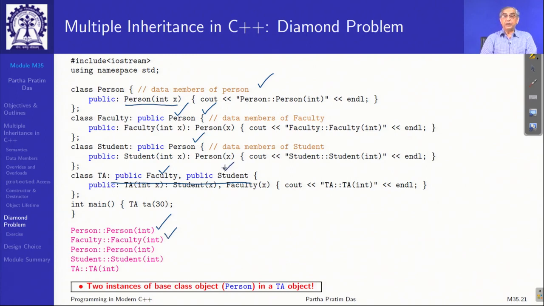Then the student has to get constructed, but the student also has a base class person. So, person is again constructed, student is constructed, T A is constructed. So, you get into a difficult situation that the same T A object has 2 instances of the person object, which certainly is not going to be manageable. Right? This is a semantic contradiction that the diamond problem throws up.